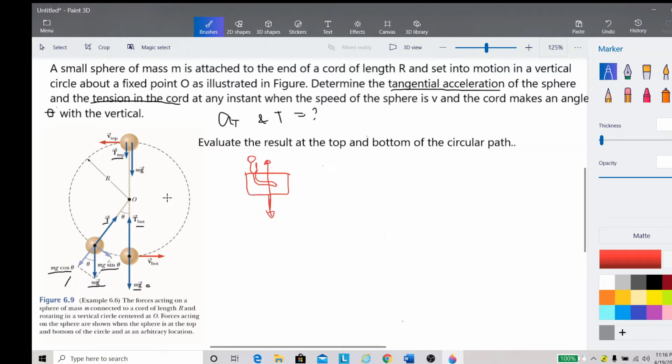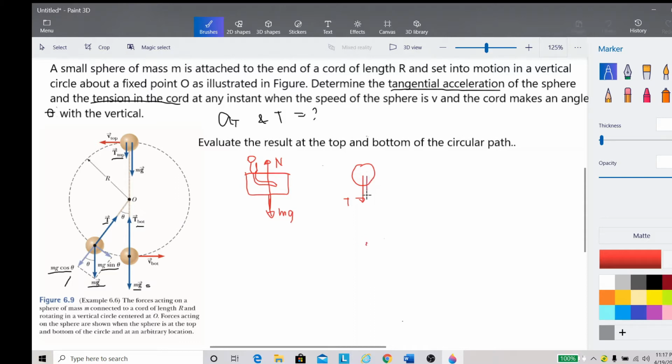Where in this case, the ball, the tension, is always acting toward the center. So ito naman sa kabila, the normal force and the weight mg is always acting downward. Dito naman, meron tayong bola, the tension is always acting towards the center.